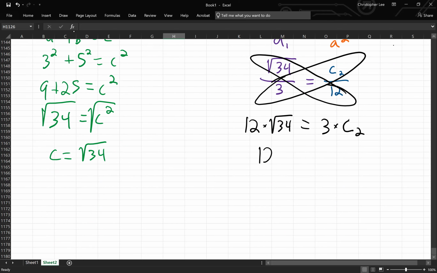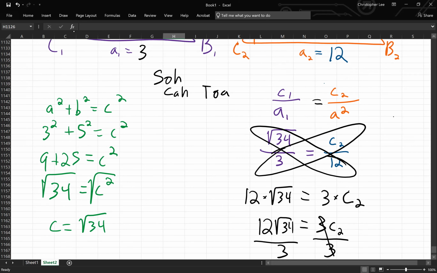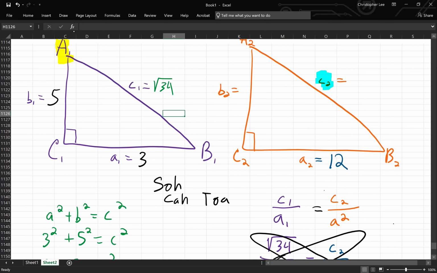So 12 square root 34 is equal to 3 C2. Divide by 3. 12 divided by 3 is 4. So 4 square root 34 is equal to C2. That's my final answer right there. So this is 4 square root 34.